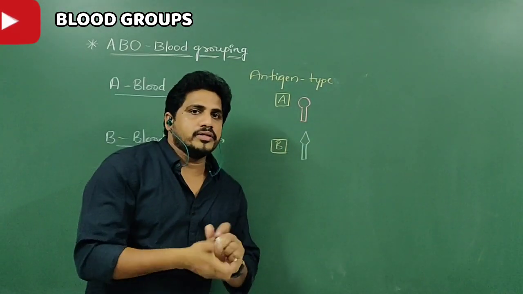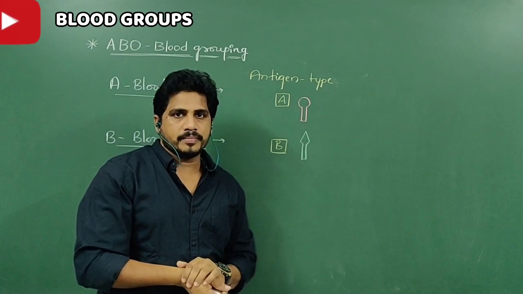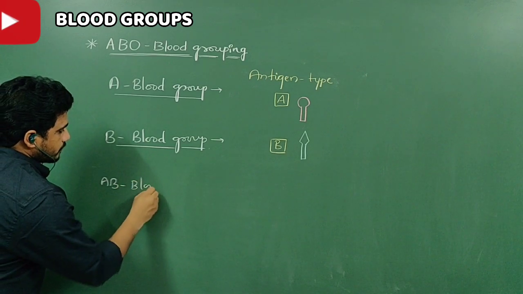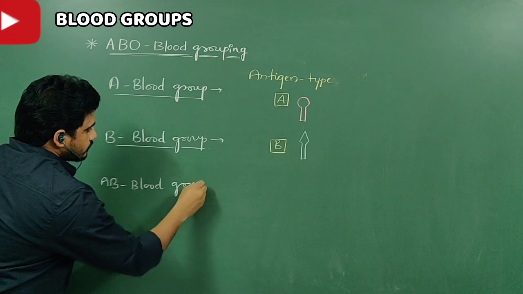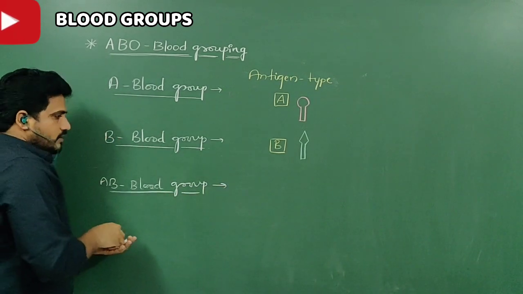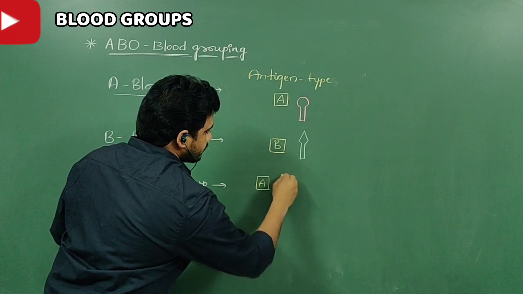In this session, I am going to differentiate A and B with their respective shapes. Okay. An AB blood group person consists of both A and B.